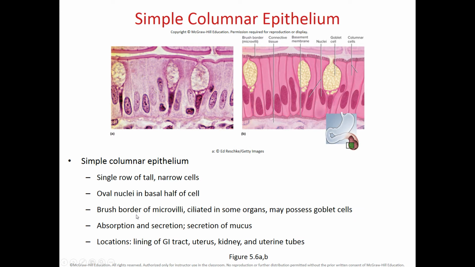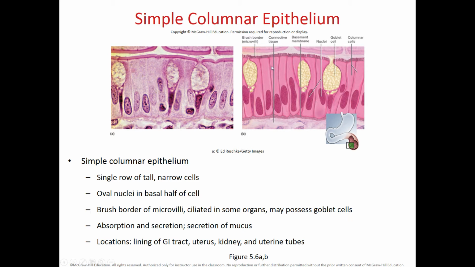Now some of these cells also have a brush border here on the apical part, called the brush border of microvilli. And the functions of this epithelium will be to absorb and secrete, and also to secrete mucus. Locations will be in the gastrointestinal tract, the uterus, the kidney, and the uterine tubes.